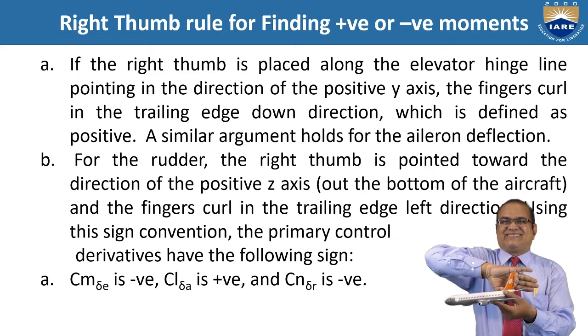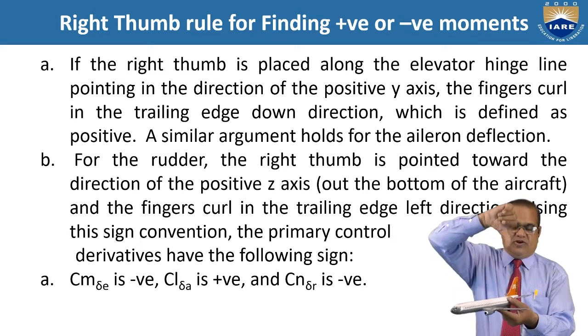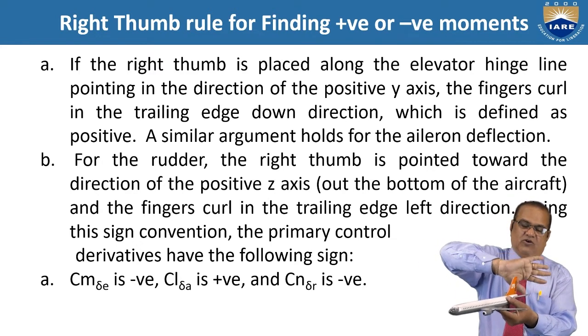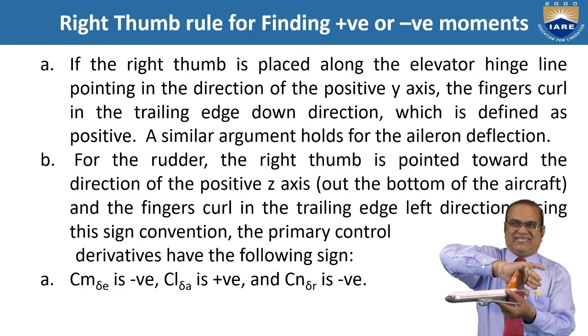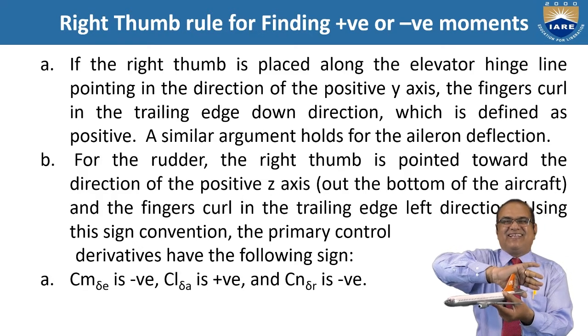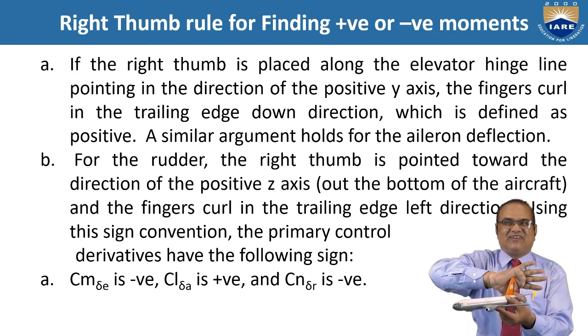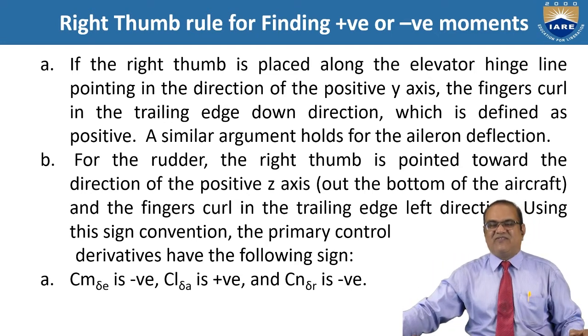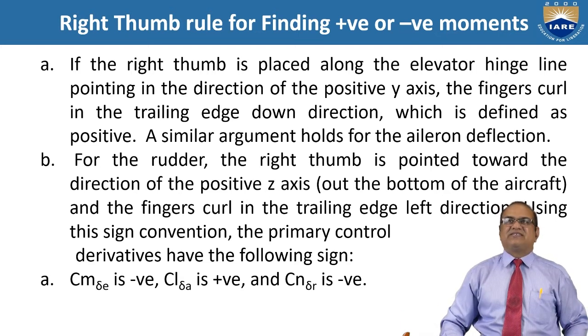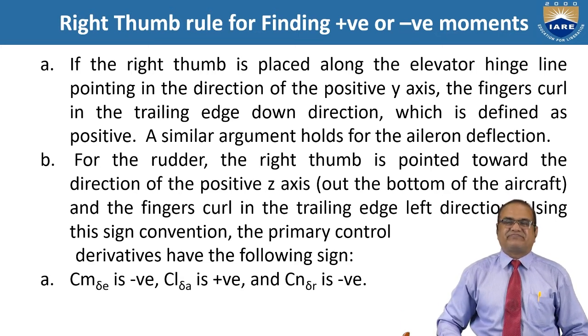Then we can say that it is positive. So it is in this direction and your rudder is going in this direction. We can say that the aircraft is in a positive direction. Okay, so in this way, we can decide all these parameters.